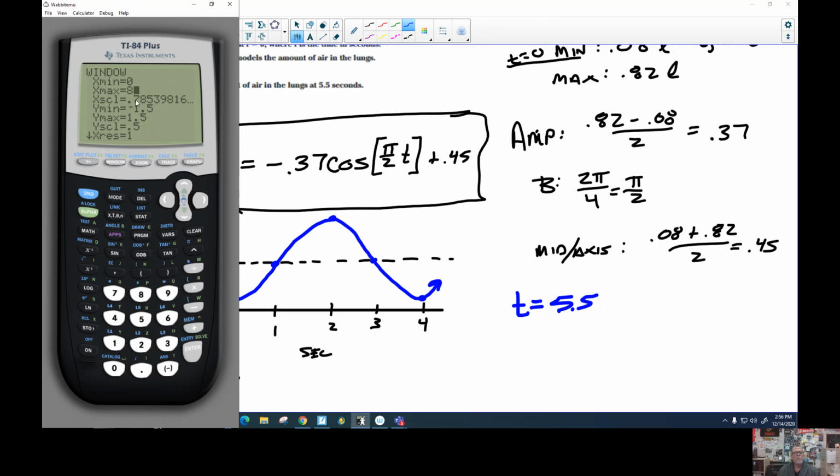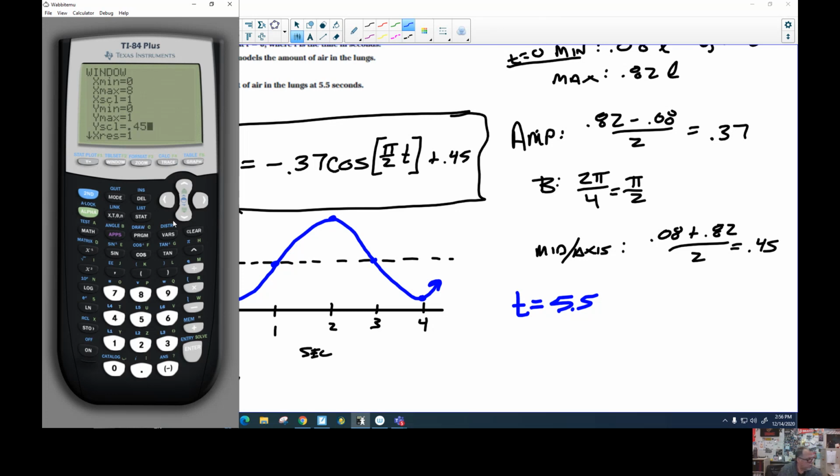Let's do by ones. And Y min and max. Well, we said we don't go below 0, and we don't go above 1. So let's just go 0 to 1. And let's leave the scale at 0.5. Let's be tricky and do 0.45 so we can see our midline.